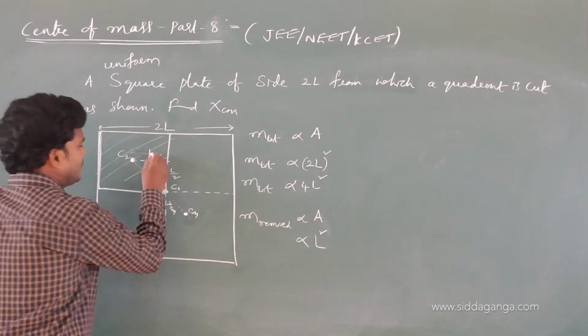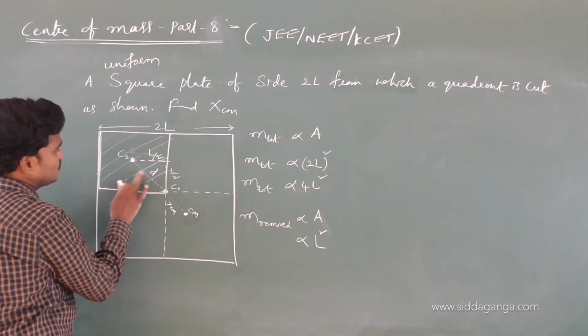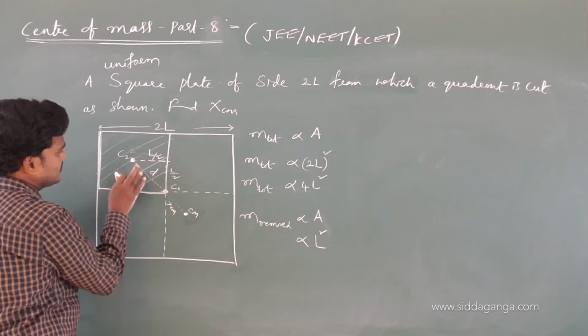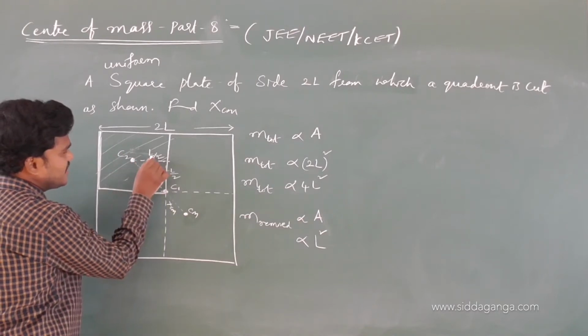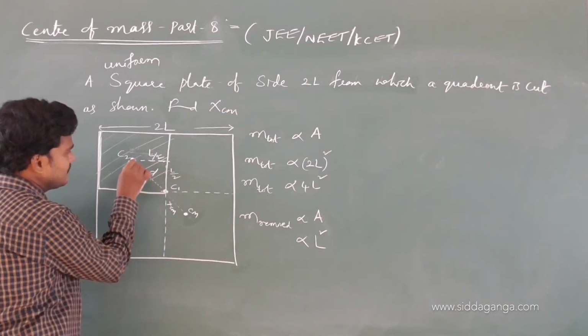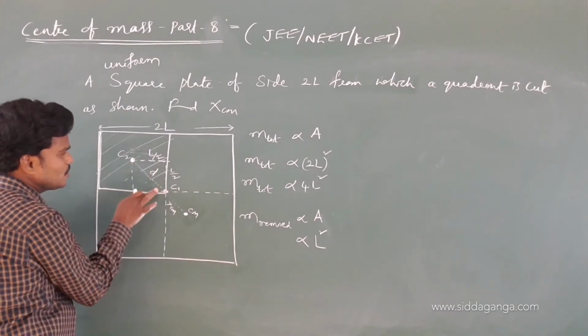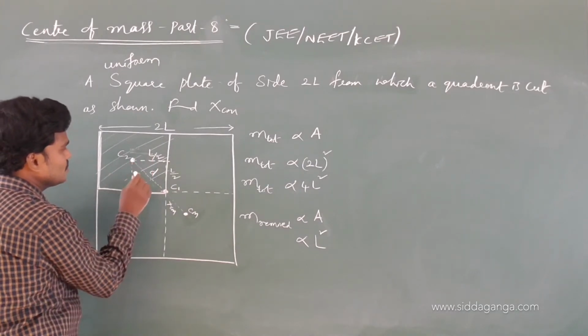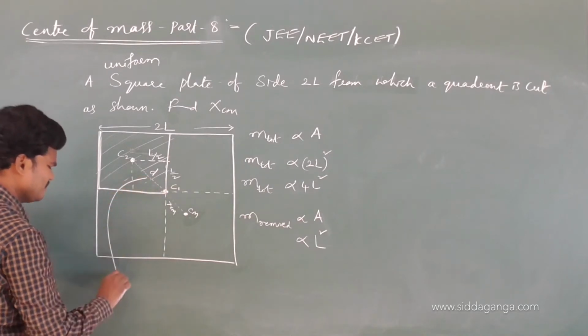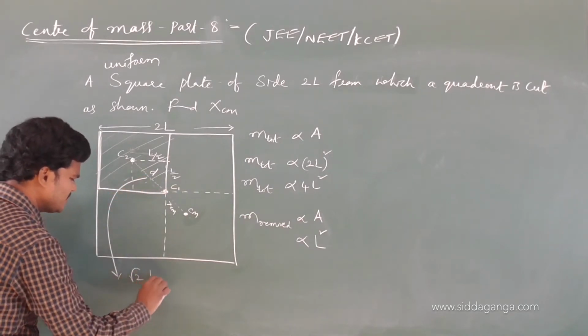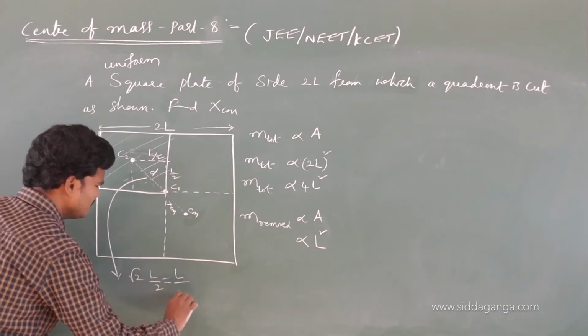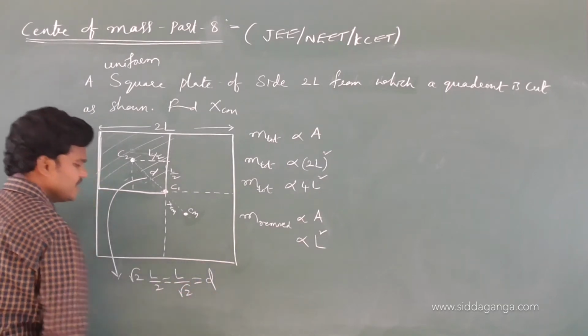Root 2A, what is A? L by 2. Then how much? L by root 2, which is equivalent to D.